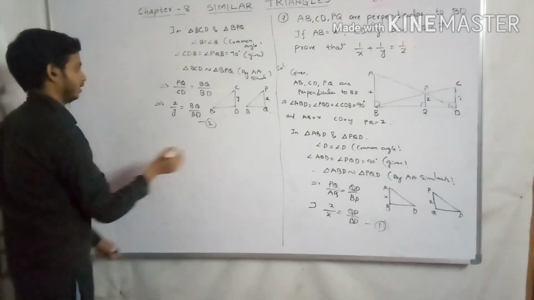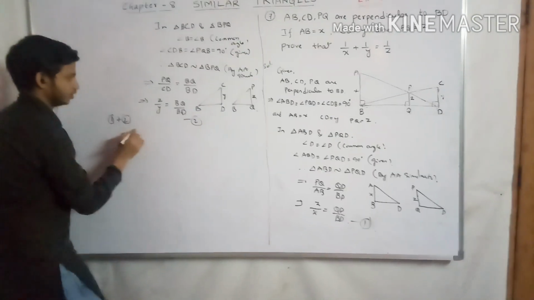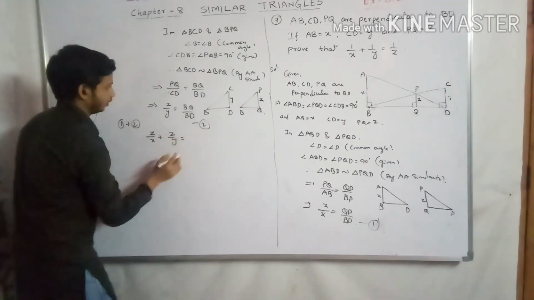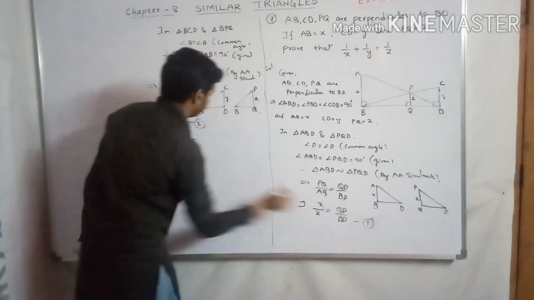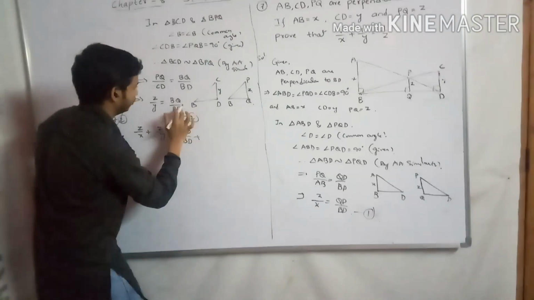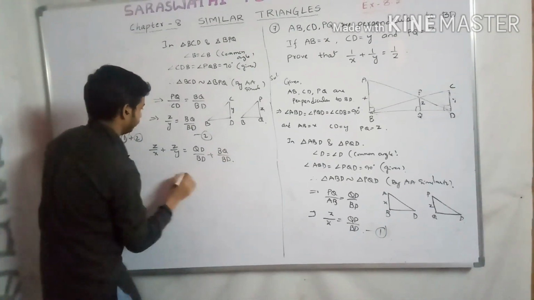Now add the first and second equations. First equation plus second equation, that means Z by X plus Z by Y equal to QD by BD plus BQ by BD.